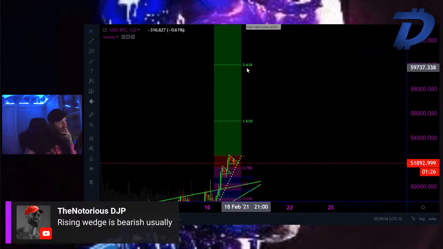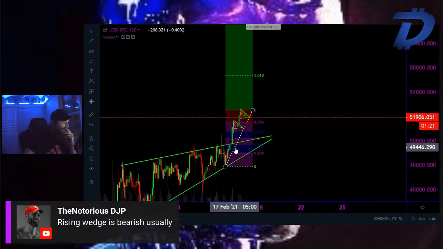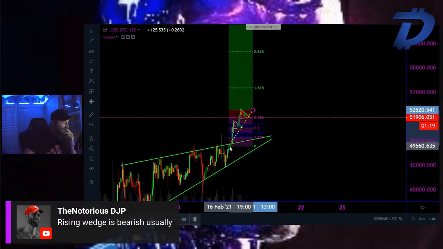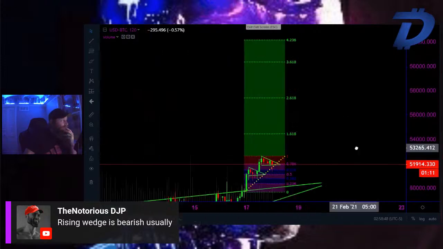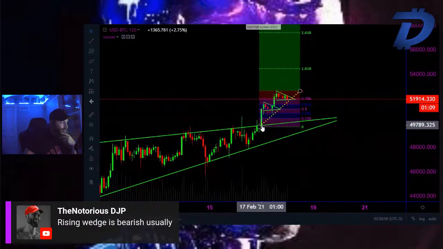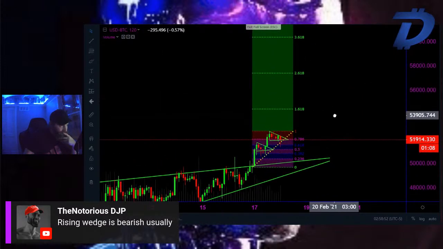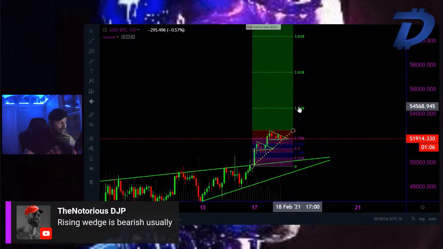And then next target, 2.6. I could shorten this up to there. Let's see what happens from the breakout, right? Okay, there it is. From the breakout, retracement. It's a little bit more correct. So 54.